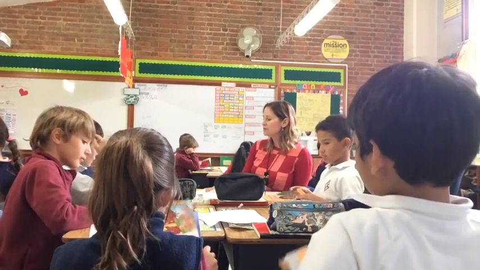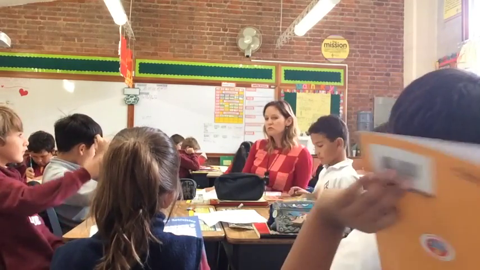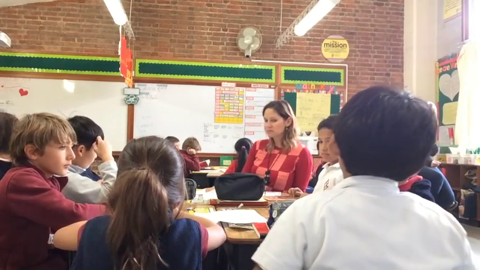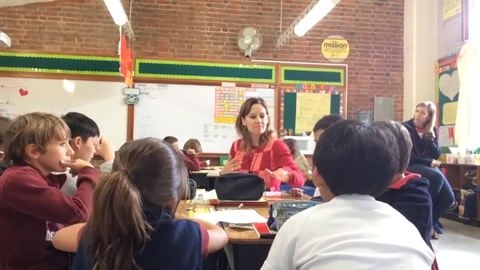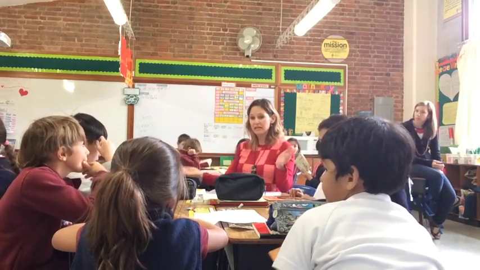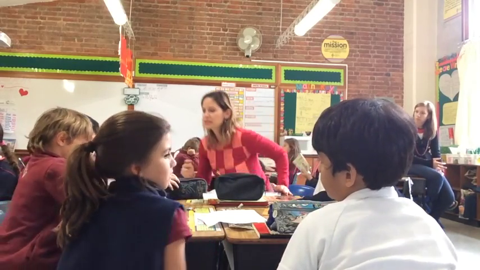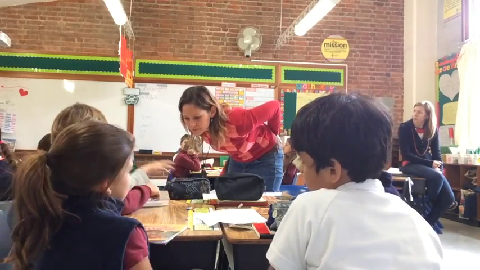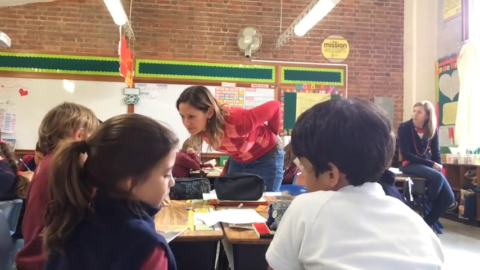Okay, I'm going to have you talk to the person next to you using the words I predict. I predict this book is going to be about, I'm going to have you share with him, and then you two, and then you two. Okay, looking at each other, I predict. I predict that these girls are going to get a surprise.